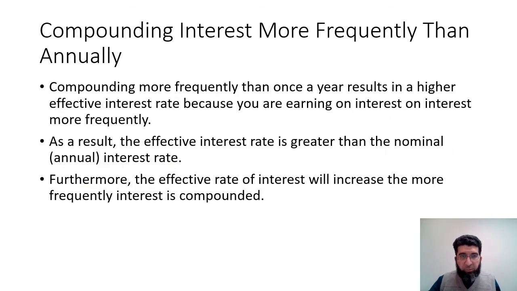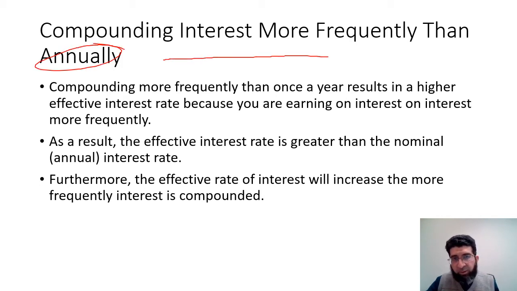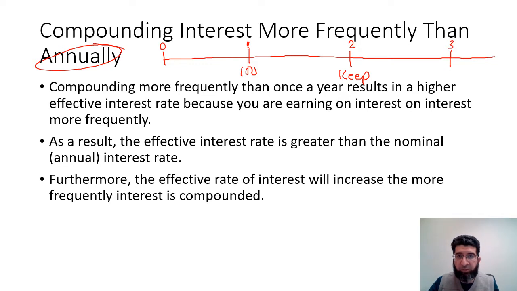So far we had looked at compounding annually. Annual compounding means that if I have a timeline, we have $100 at the end of year one, and at the end of year two, whatever we receive, we keep on investing, we do nothing, we keep the amount here, and then we exit at the end of year three.